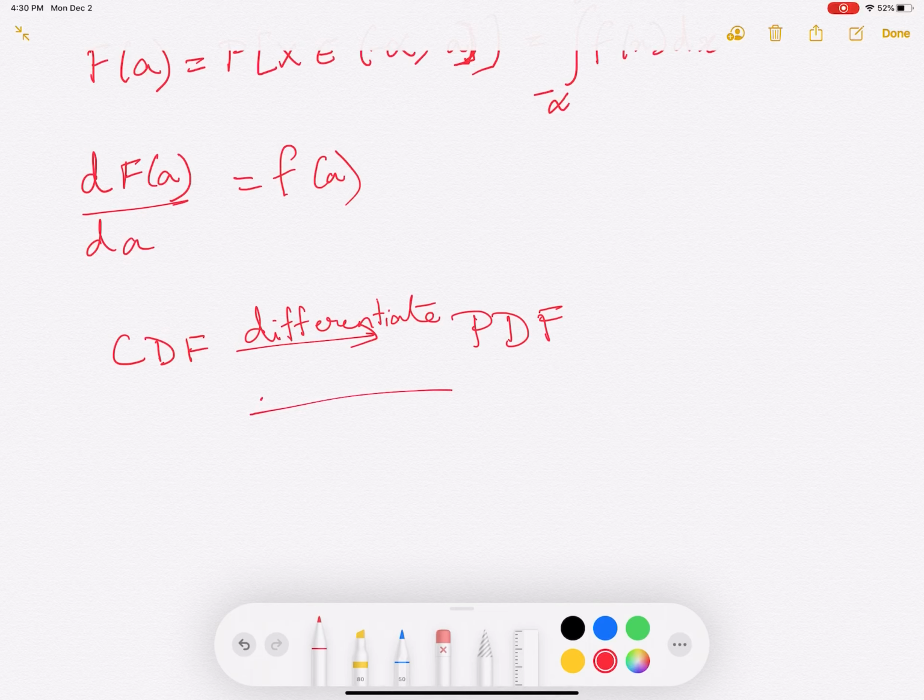And if you integrate the PDF, you get the CDF. So this is something very important to remember, how the PDF and the CDF are related. You can get the PDF from the CDF and vice versa using differentiation and integration.